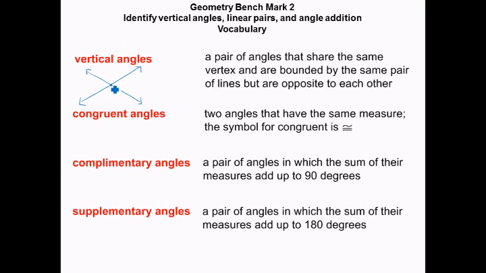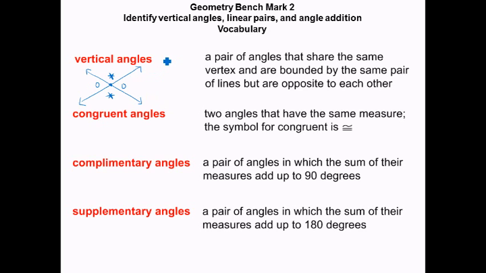They share a vertex. This is one set of vertical angles. This would be the other set of vertical angles. So you end up with two sets. So vertical angles here, vertical angles here.